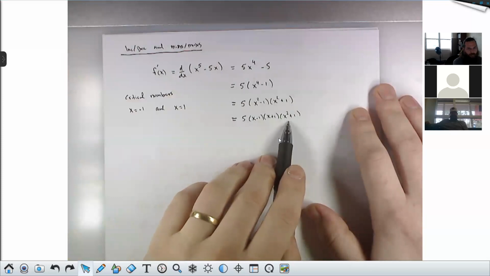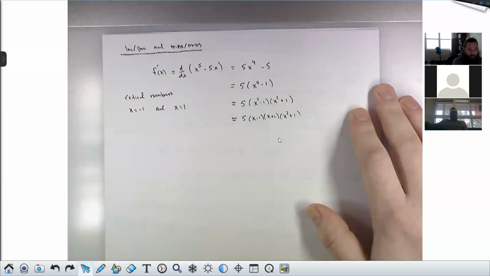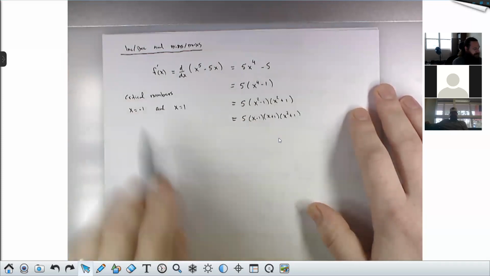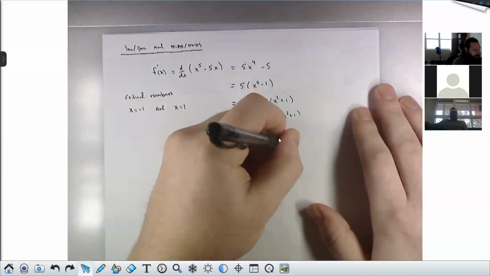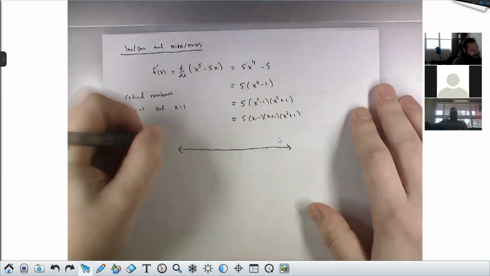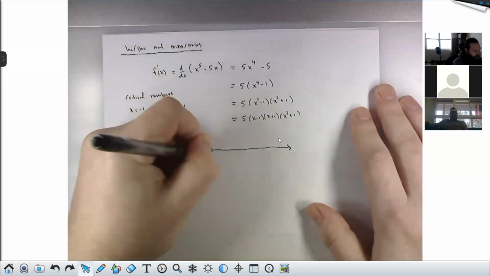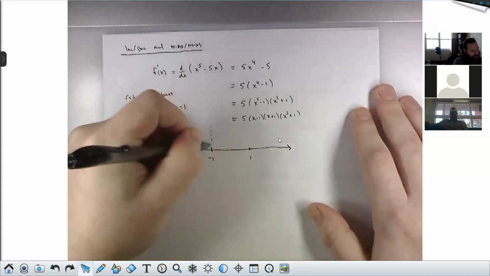Remember, critical numbers are places where f prime is equal to 0 or where f prime is undefined. So this thing is a polynomial. It's never undefined, but it is equal to 0 at these two numbers coming from these two factors. So the number line for f prime just has -1 and +1.